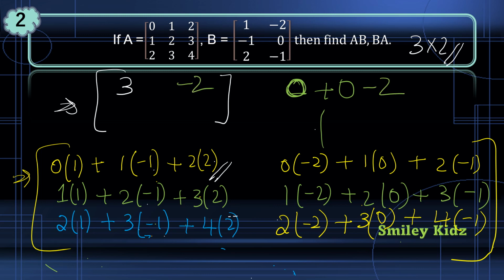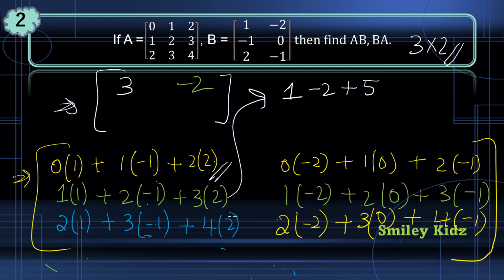Moving to the second row, we have 1 minus 2 plus 6, since 3 times 2 is 6. So this is basically 1 plus 4, that is 5. Here you're going to have 5.